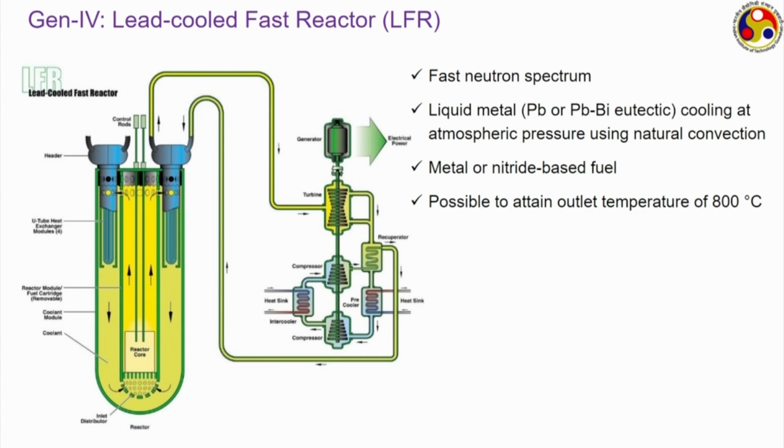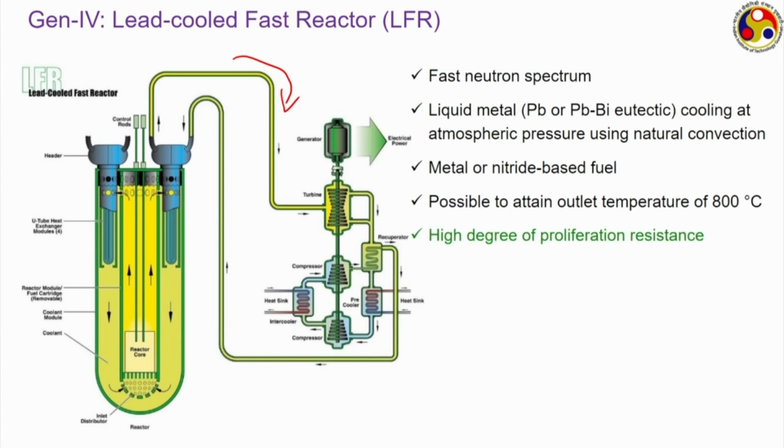The concept is quite similar, and here the lead or lead bismuth eutectic circulates inside the reactor core, and then the energy is supplied to a secondary fluid, which can be a gaseous one as well, which goes to the turbine to give the electrical power output.